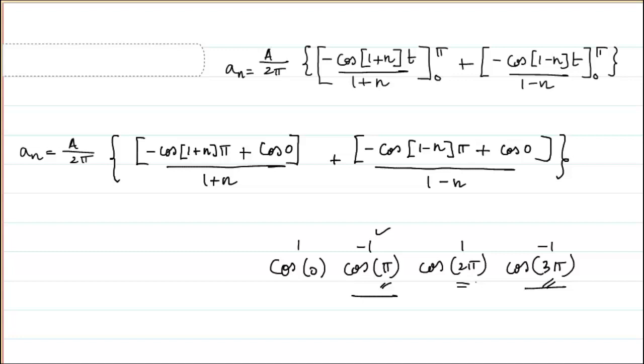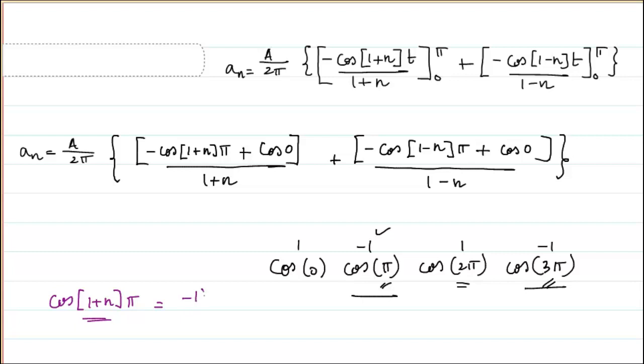So if that is the case, then I can very easily say that cos of (1 plus n) times pi, its value will basically depend on 1 plus n. If 1 plus n is odd, then it is minus 1. If it is even, then it is plus 1.